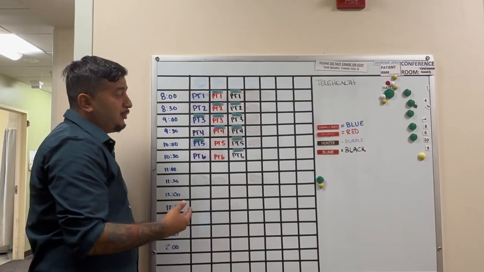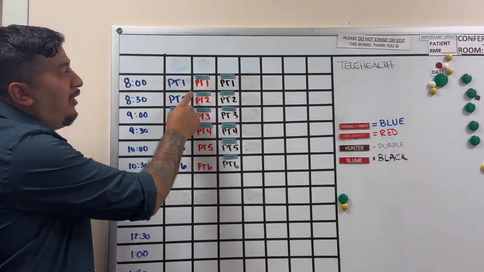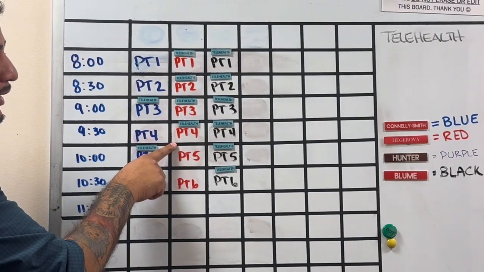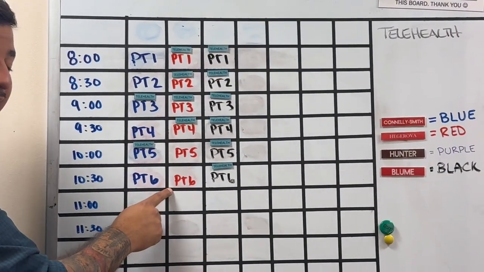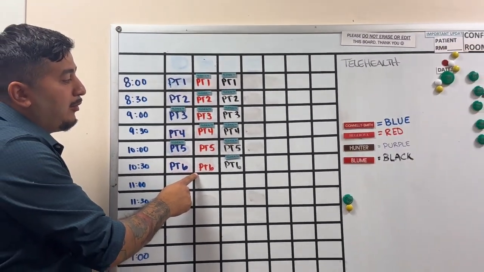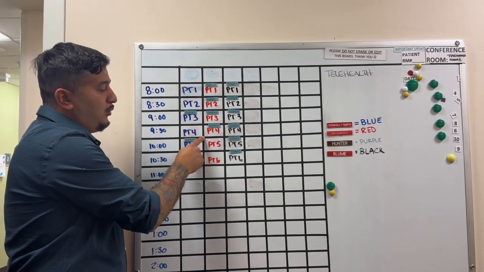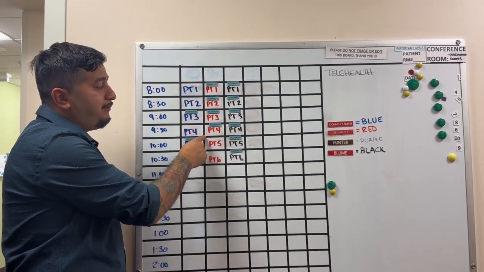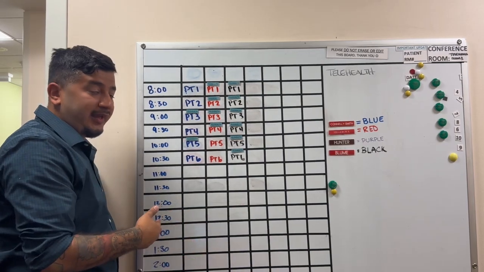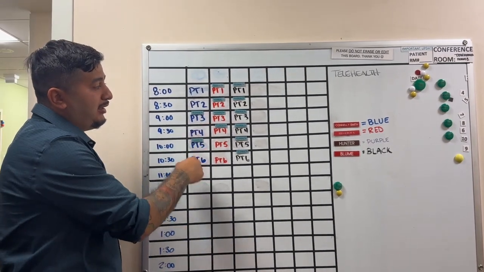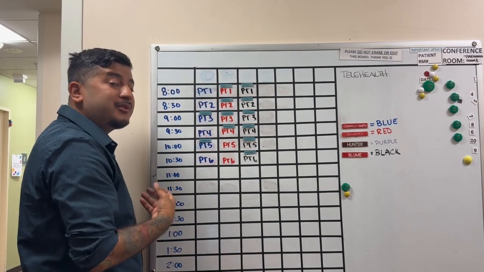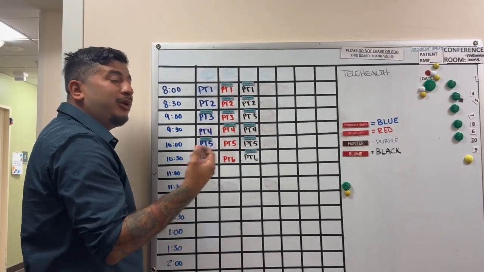We'll talk about scenario 2 in red. For example, you have 4 telehealth patients back to back, and then you have 2 in-persons at the end of your clinic shift. What we're looking at here is, are you going to be in clinic or are you going to be doing this remotely? And communication going to the MAs. For example, if you're going to be in clinic and it's 4 telehealth back to back, we want to look at options and scenarios where, can we put you in a telehealth room?